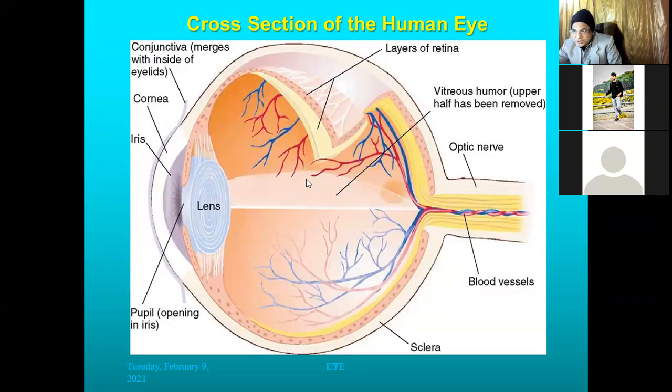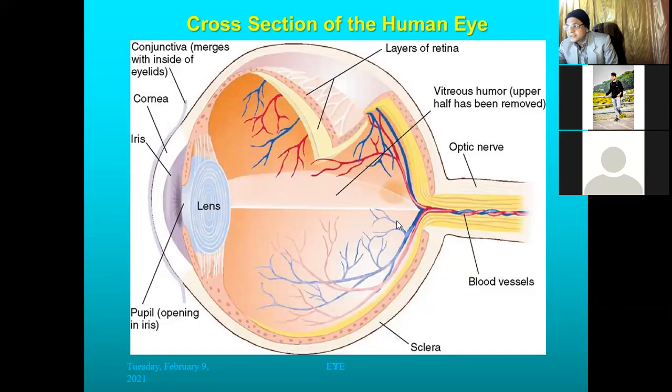Vitreous humor is the semi-liquid material that is inside the eye, in liquid form. The two most important parts are the retina and the lens. Lens and retina are the two important and most commonly known parts in the eye.